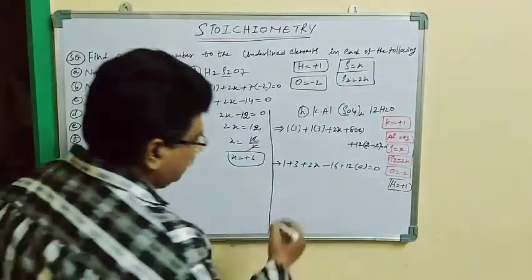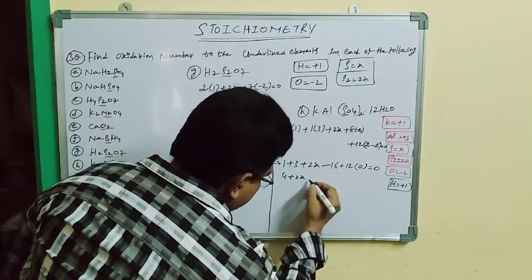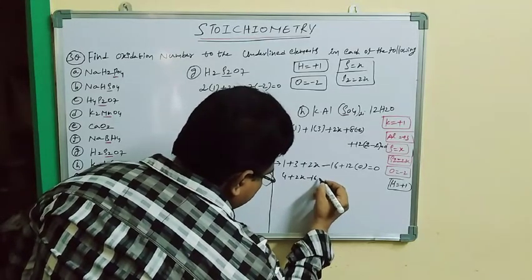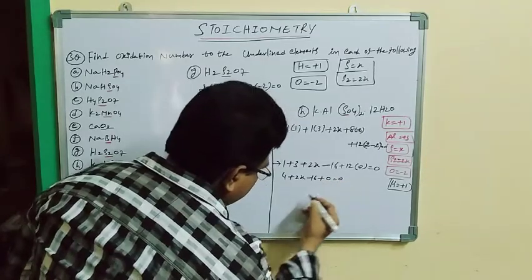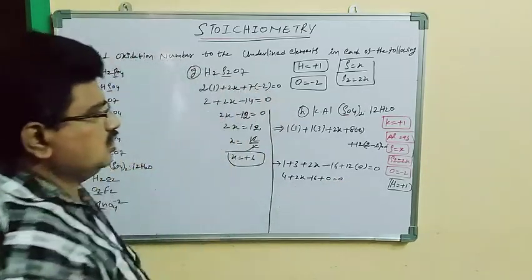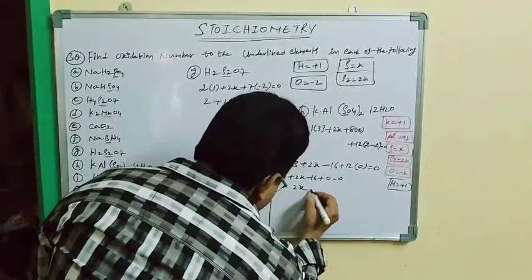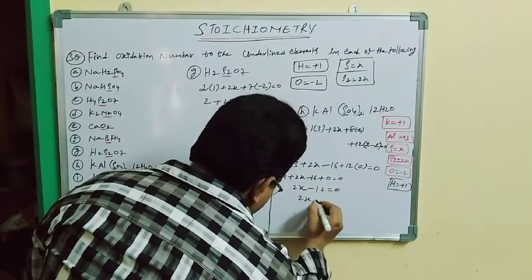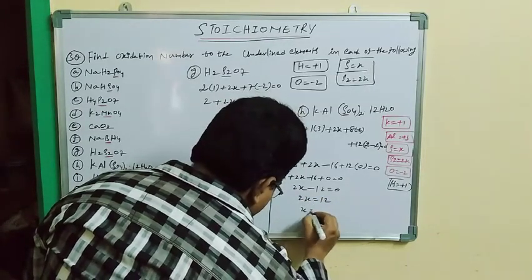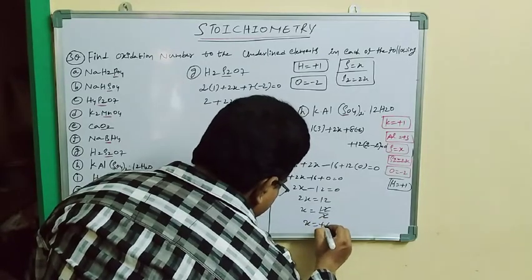Simplify this one. 4 plus 2x minus 16, plus 4 minus 16, 2x minus 12 equal to 0. 2x is equal to 12, x is equal to 12 by 2, x is equal to plus 6.